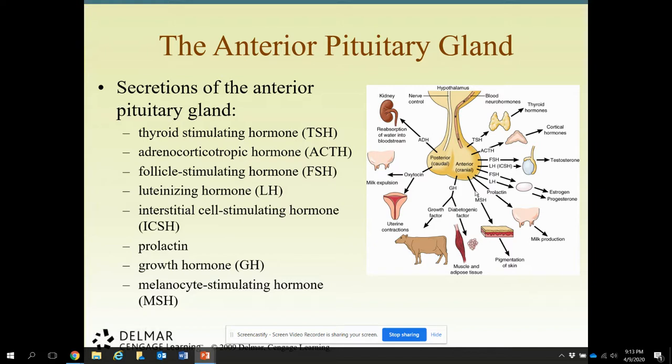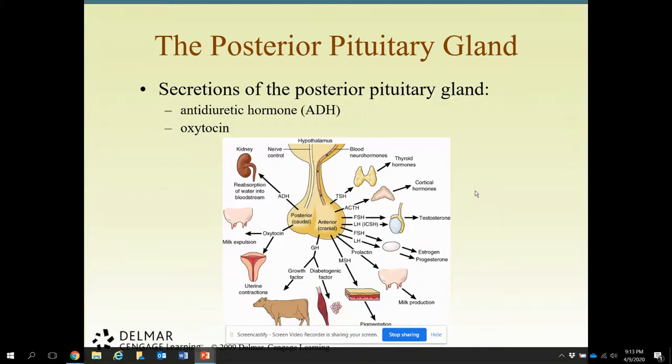And then we have the melanocyte stimulating hormone, and that works with pigmentation of the skin. So that is the anterior pituitary gland. Now on to the posterior pituitary gland. Secretions of the posterior pituitary gland.